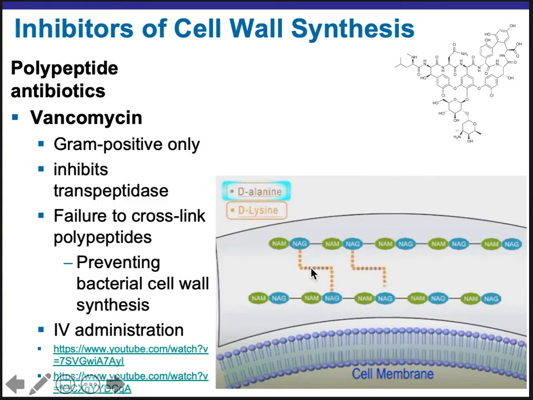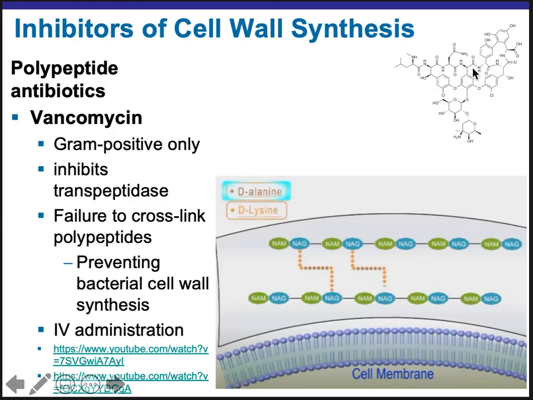So it's the same enzyme that we saw with the penicillins, but instead of binding to the transpeptidase directly, you're binding to the substrate instead of the enzyme. Okay, so these are called glycopeptides.